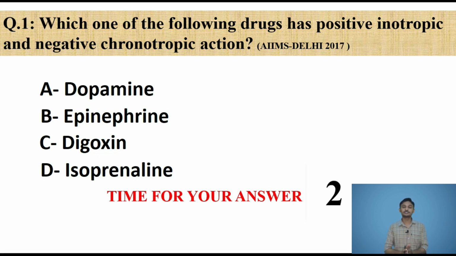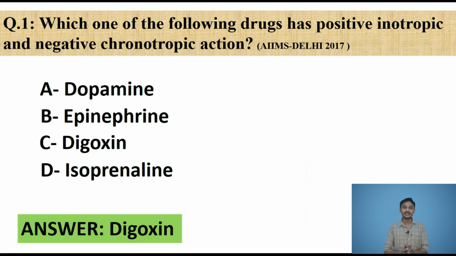The correct answer for this question is digoxin. Digoxin has got positive inotropic and negative chronotropic action. So what is inotropic and what is chronotropic action? Inotropic means it's related to the force of contraction of the heart, and chronotropic effect is related to the heart rate.